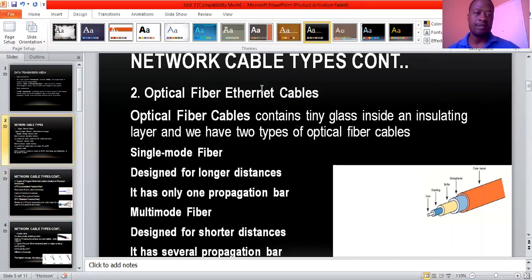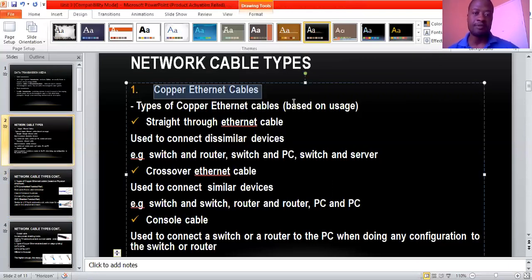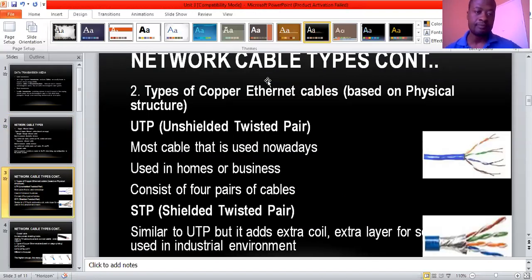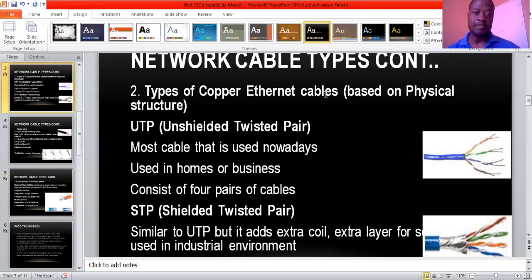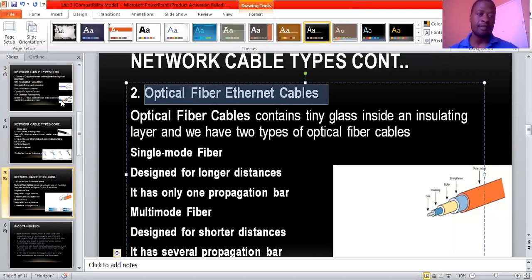Okay, so now let's look at the copper Ethernet cables. We have got two types of cables that we'll be looking at: the copper Ethernet cables and optical fiber Ethernet cables.